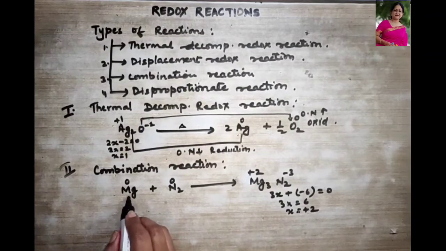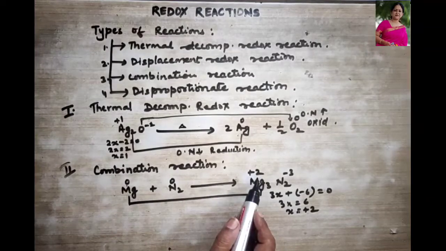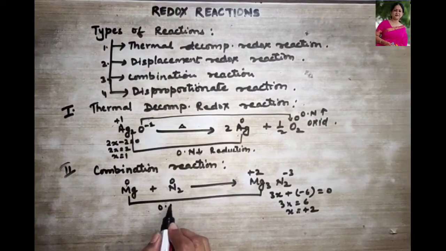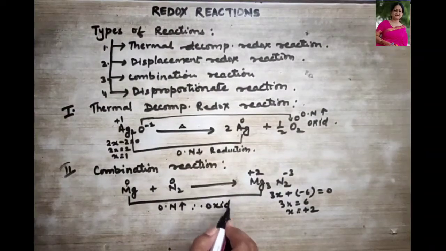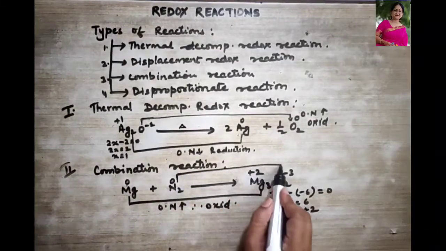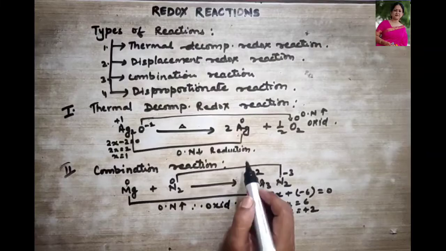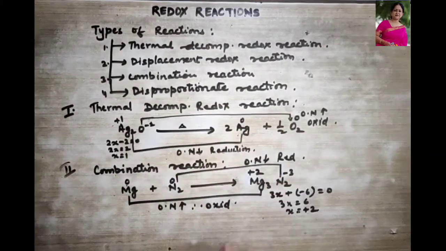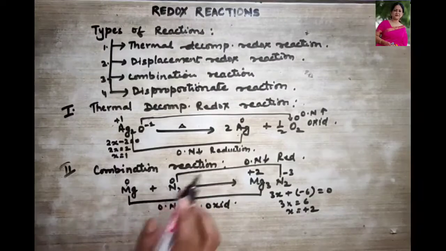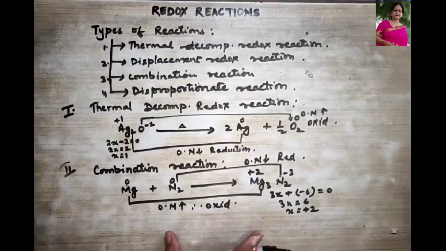Now let's see what has happened. From 0 to plus 2, that means the oxidation number has increased. Therefore, it shows oxidation. And from here, the oxidation number has decreased, so reduction is taking place. So we can say that combination reactions also show redox reaction. Clear?